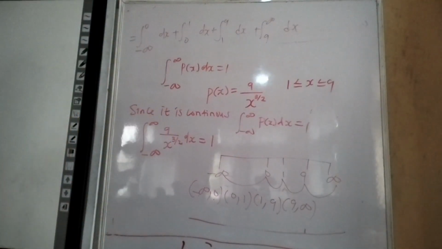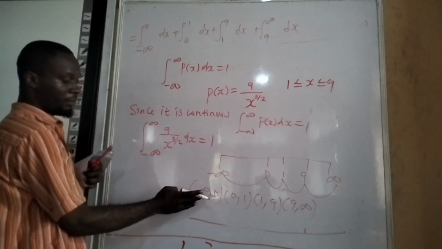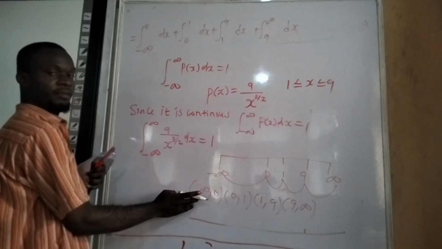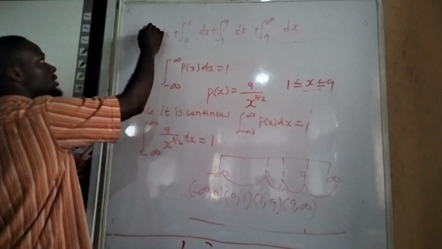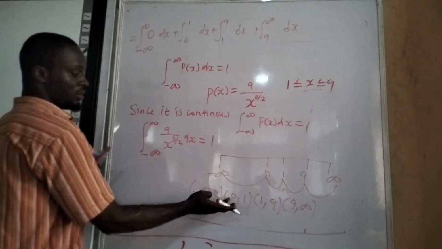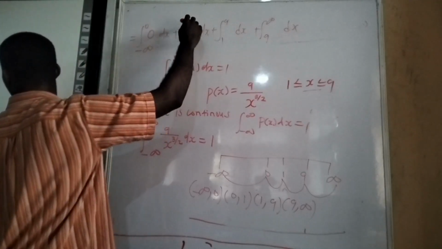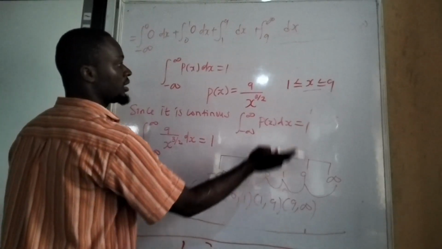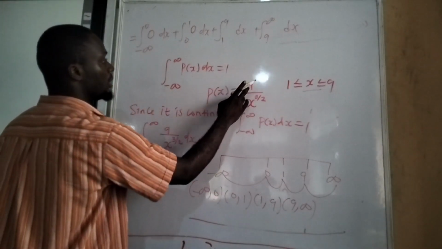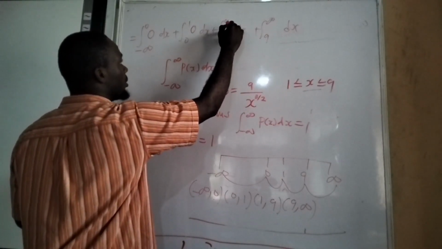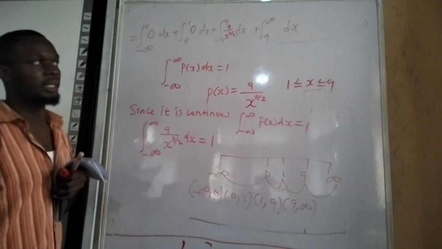Do you understand? Then you see that minus infinity to 0 doesn't fall here, meaning that the function is 0. From 0 to 1 doesn't fall here, function is 0. 1 to 9, it falls here. The function will be a over s cubed over 2.